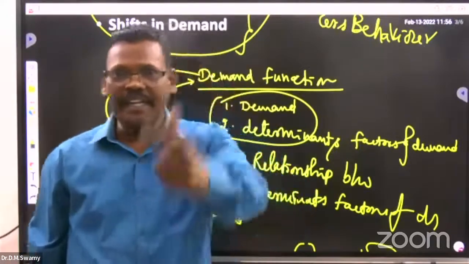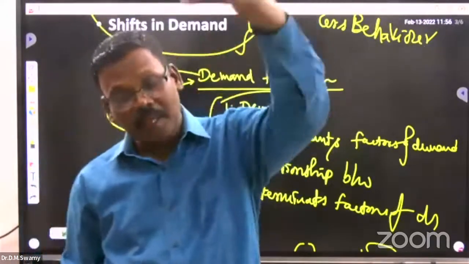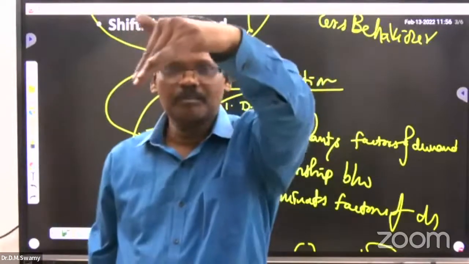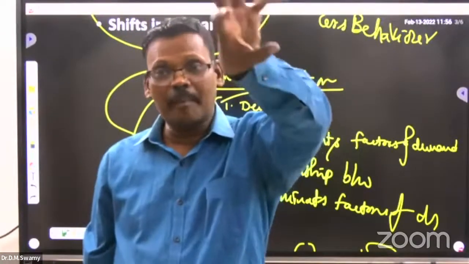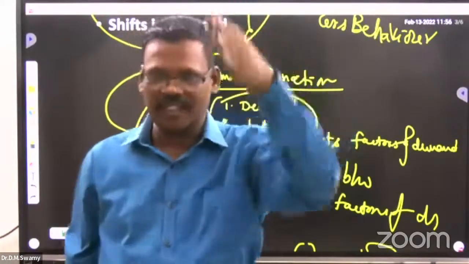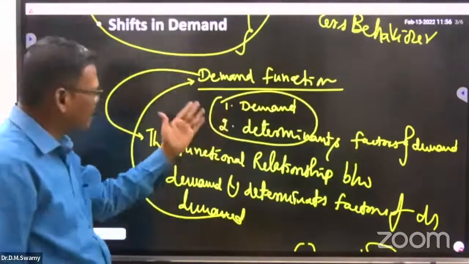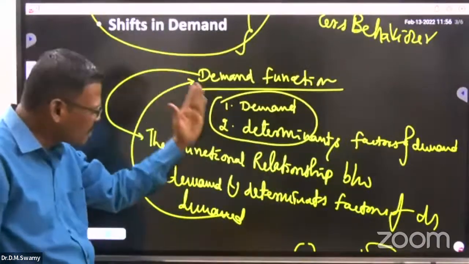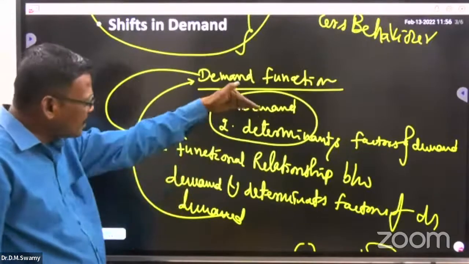Whatever relation we have between demand and the determinant factors of the demand, that is called the demand function. So that's what the demand function is. It explains the functional relationship between this and this.